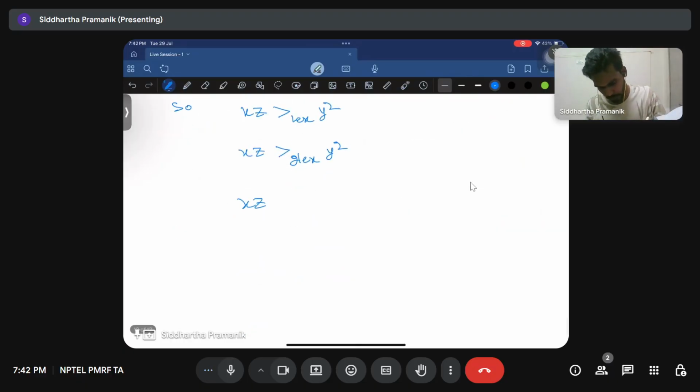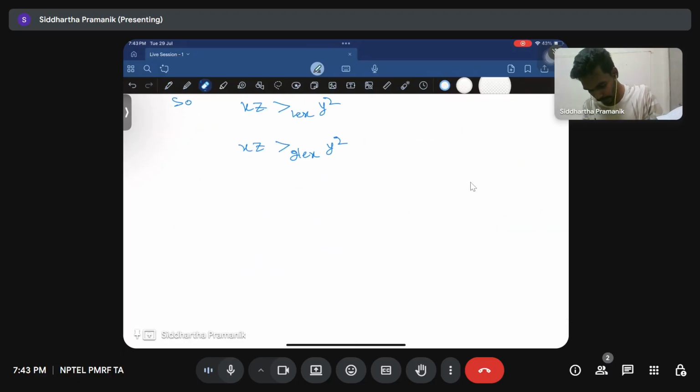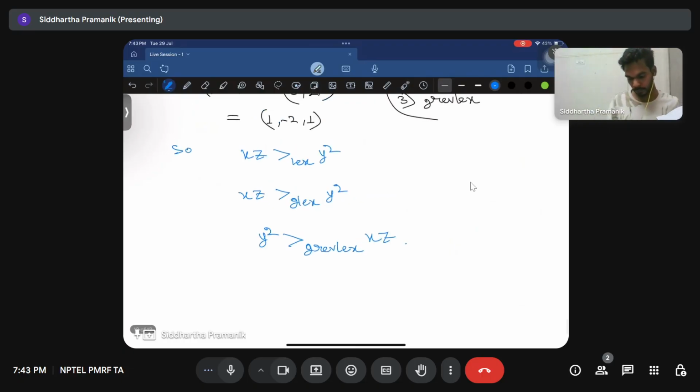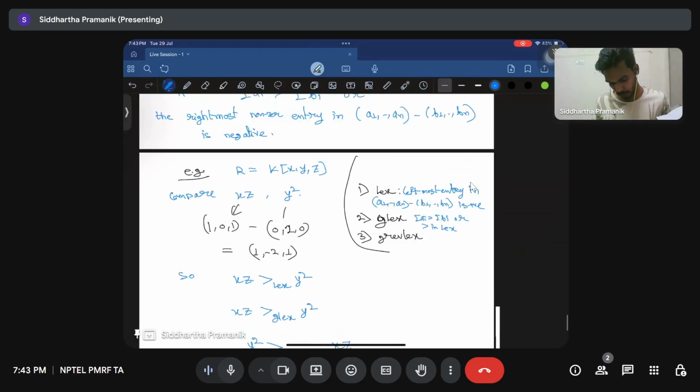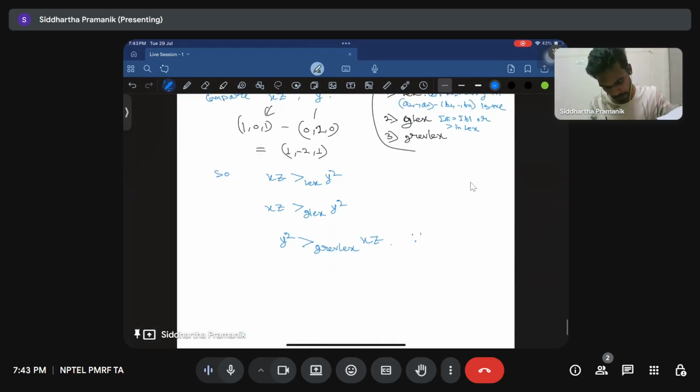So we get the opposite result for grevlex: y squared is bigger than xz in grevlex. I hope it is clear. Let me write it here: 0 2 0 minus 1 0 1 is minus 1, 2, minus 1. So the rightmost entry is negative.